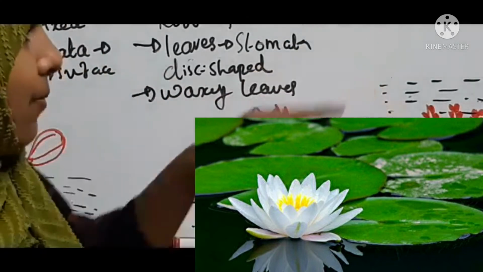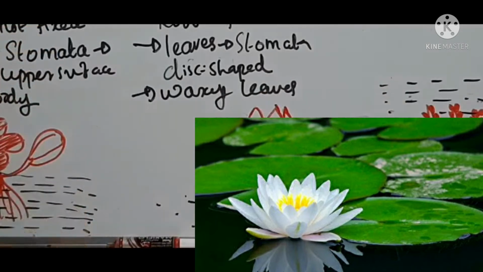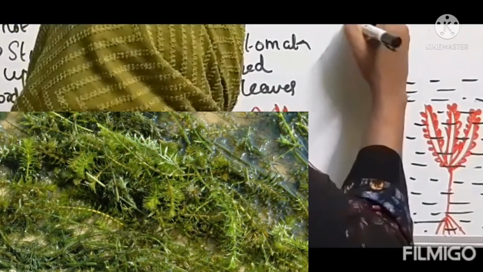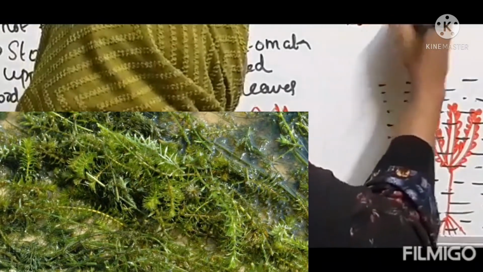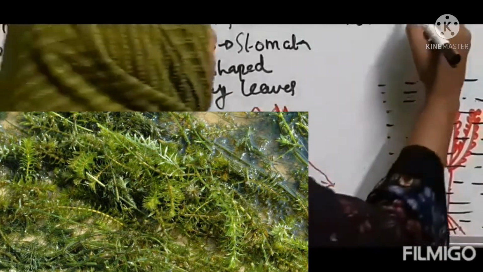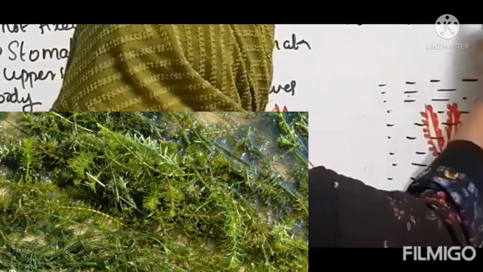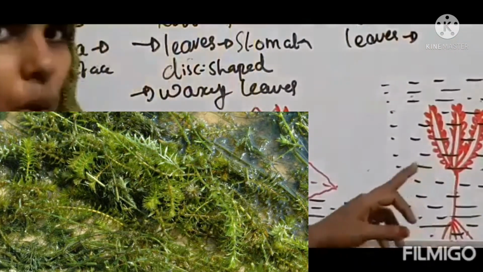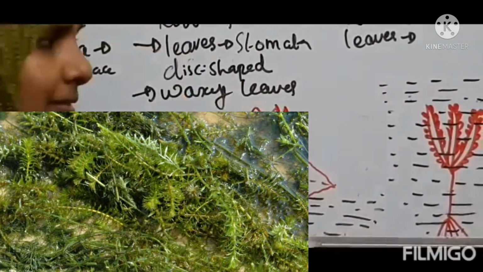Next, the example of a submerged plant is hydrilla, with ribbon-shaped leaves. And what about its roots, children? Its root is completely fixed to the muddy soil. Does it have stomata? No, because it is completely under the water.